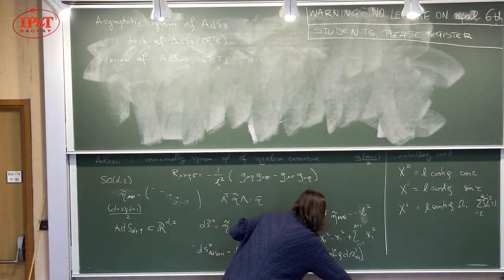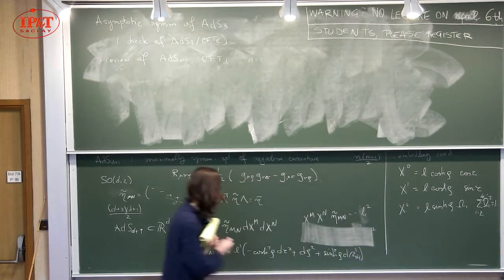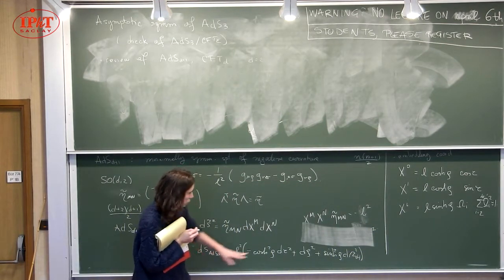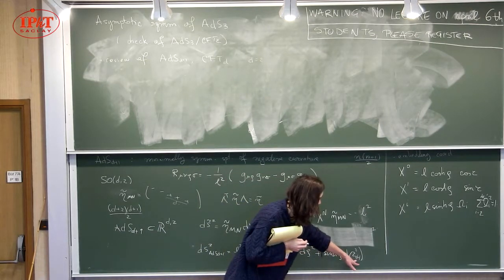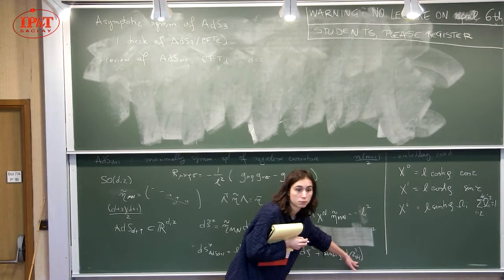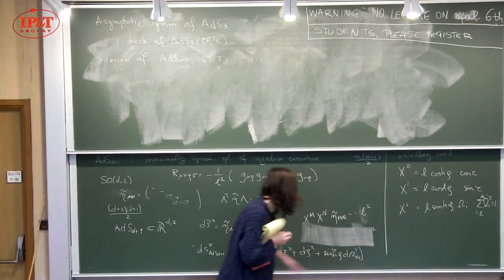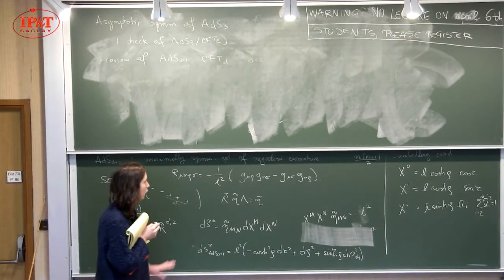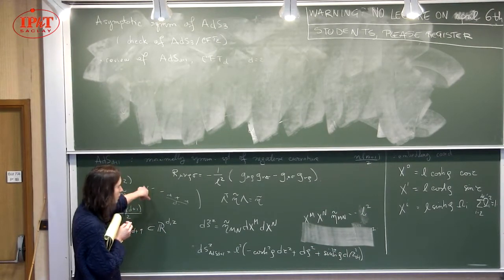So here you have a radial coordinate, you have a time coordinate, and here is the metric on the d minus 1 sphere. This d omega squared is what you get from this omega_i. And you have to be a little bit careful about uncompactified time because here you have 2 times.